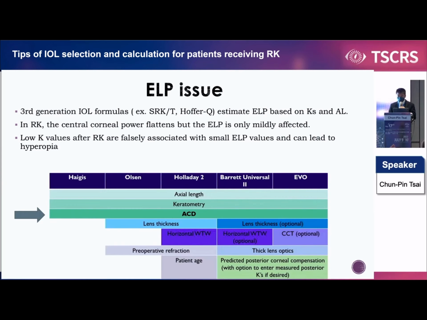They typically have a deeper anterior chamber depth than patients with similar flat K readings who don't have a history of myopic refractive surgery. Therefore, more advanced formulas may be more accurate for RK patients. For example, the Haigis, Holladay 2, and Barrett Universal 2, and now the Barrett True-K, can take into consideration the anterior chamber depth and determine the final effective lens position prediction.